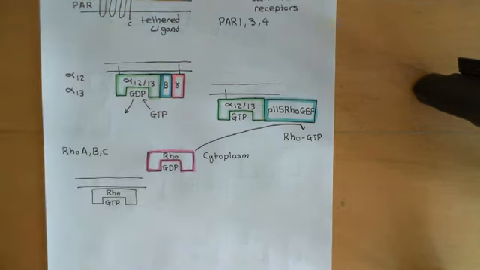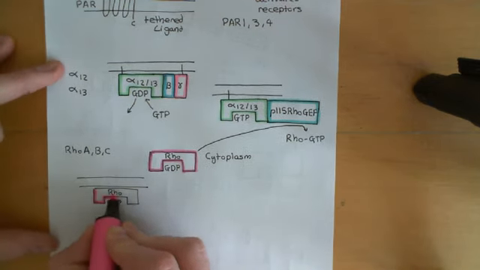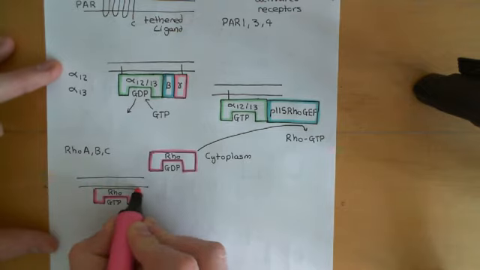This can now do the same thing as RAS monomeric G proteins could do to the phospholipase C epsilon enzyme.